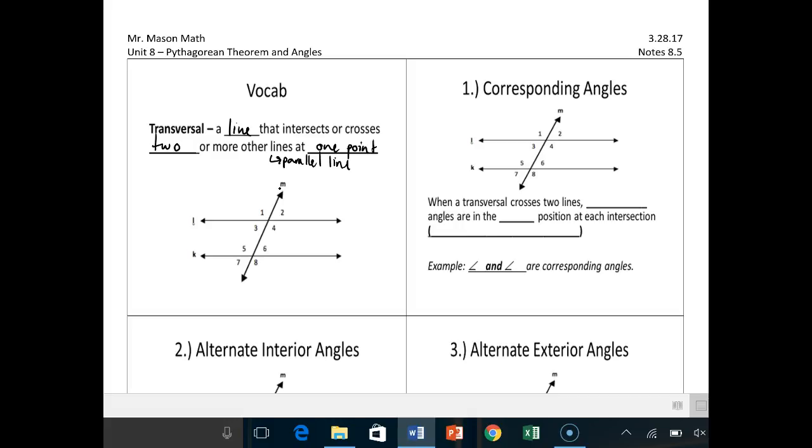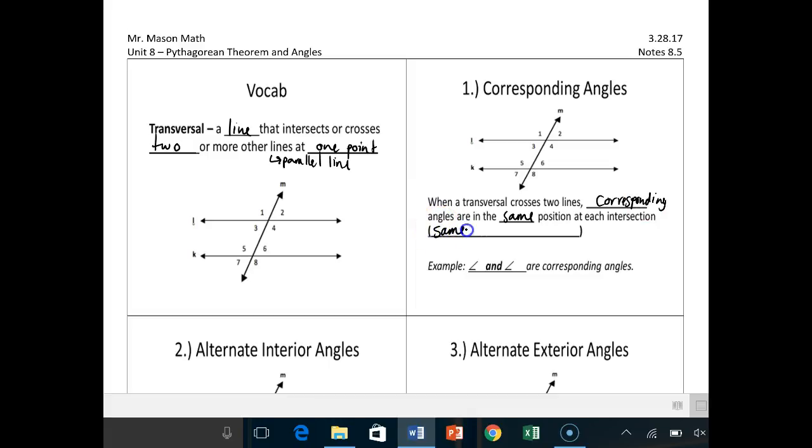So within this diagram, we have multiple kinds of relationships that are equal. So the first type of relationship is corresponding angles. When a transversal crosses two lines, corresponding angles are in the same position at each intersection.